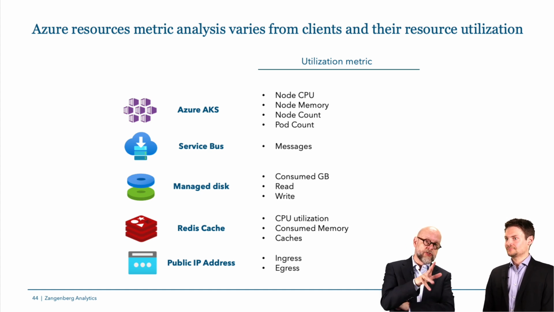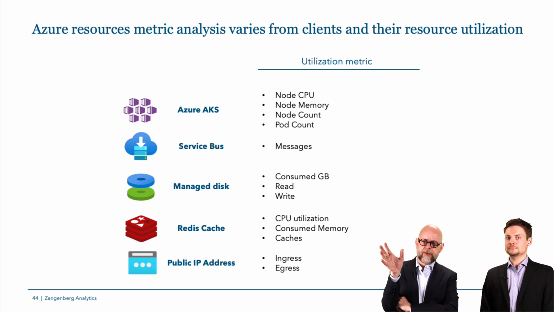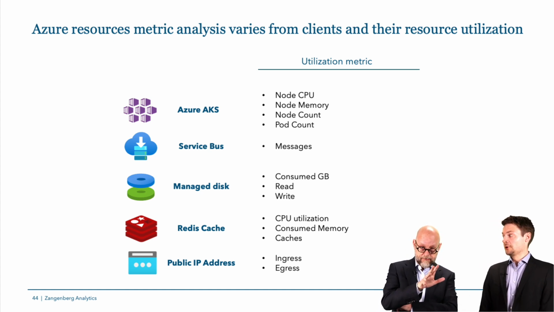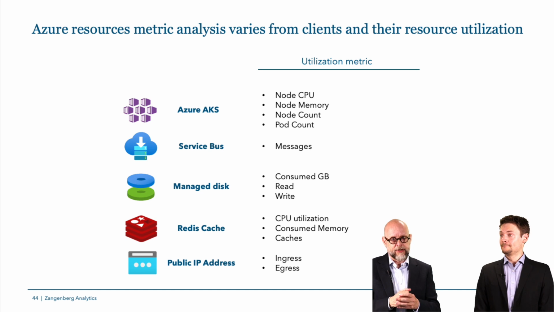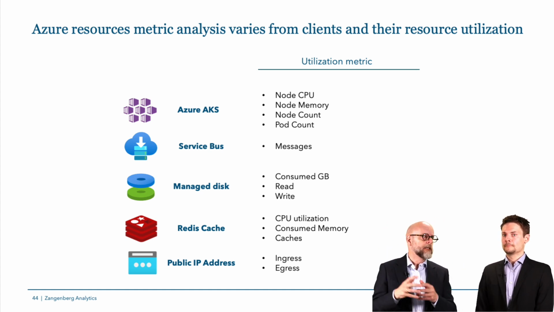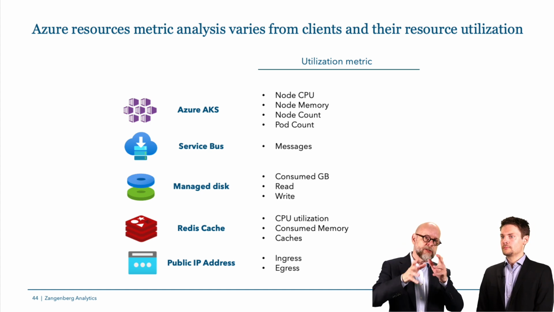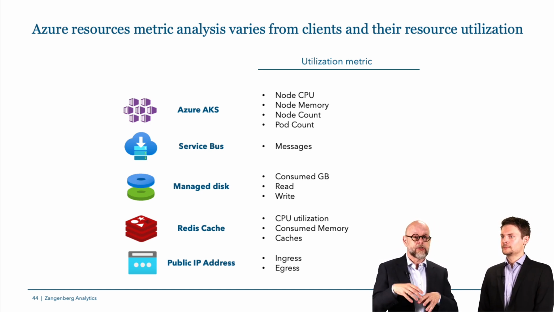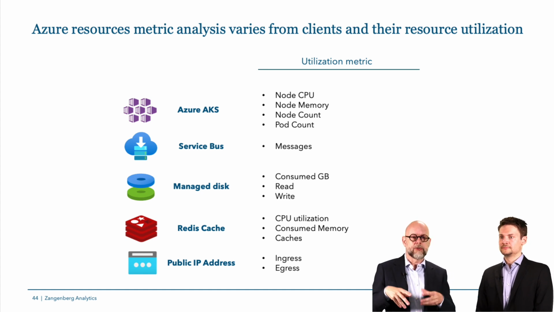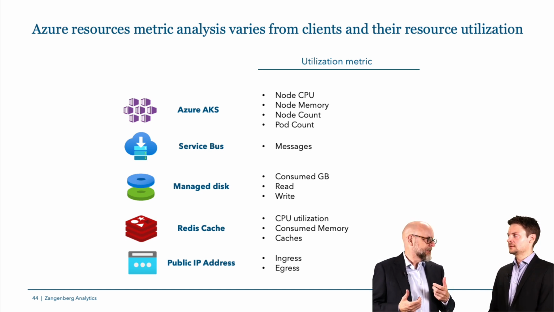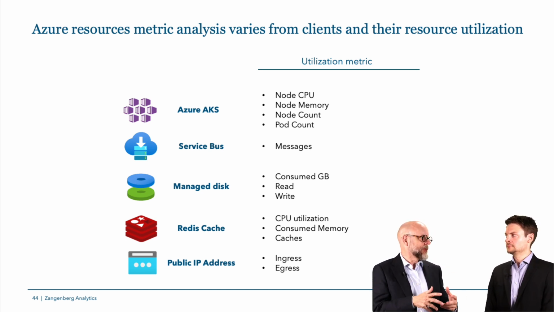But what you're saying is, if any of our clients have a different combination, more Azure AKS or whatever, there are metrics that you can basically measure on in order to optimize. Yeah. So your utilization metrics will change, but the optimization exercise remains basically the same, finding the right resource to your load.